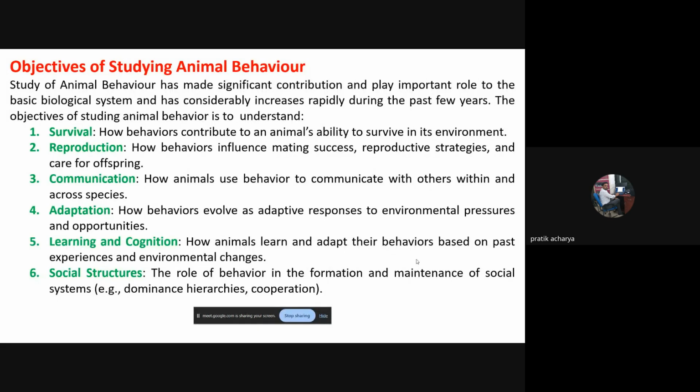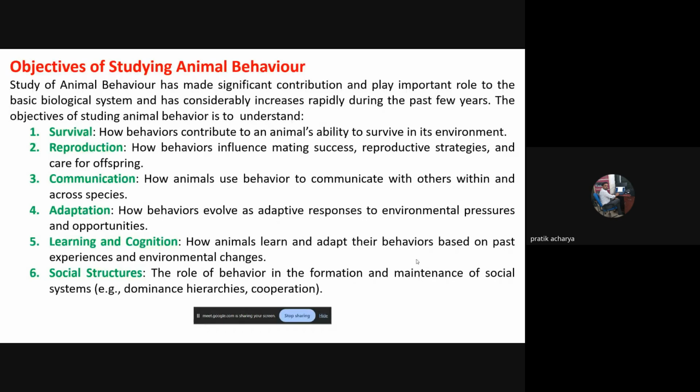That is the characteristic feature of a living organism: they respond to external stimuli. According to external stimuli, different kinds of behavior are shown by the organism. So why is behavior essential? Behavior is essential for the survival of the organism.